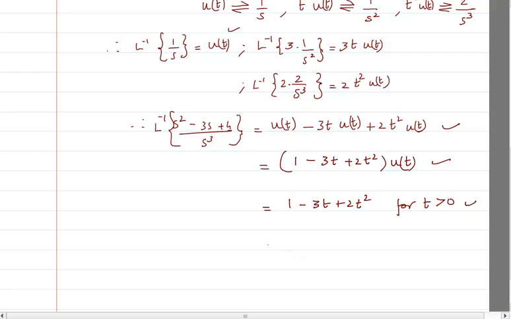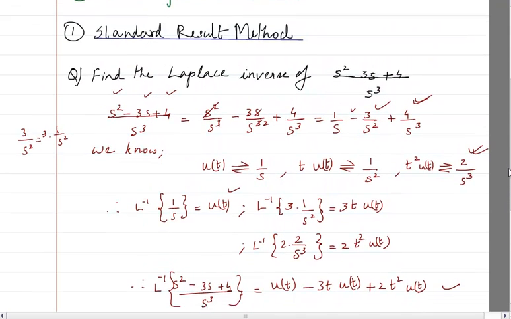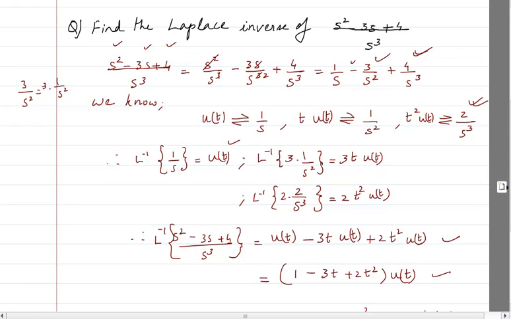Please don't write the answer as 1 minus 3t plus 2t square and then leave it as such. Either you write the whole answer multiplied with u of t, or you write for t greater than 0. So this is one of the methods of using the standard result method to get the answer.